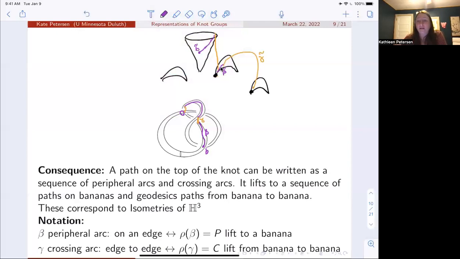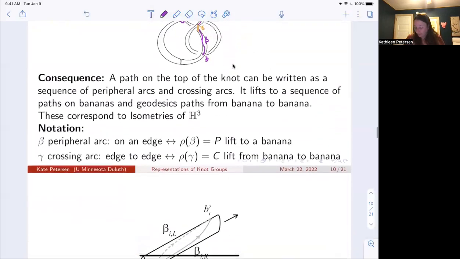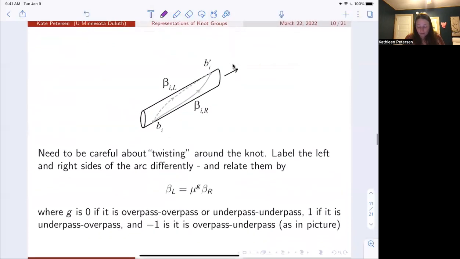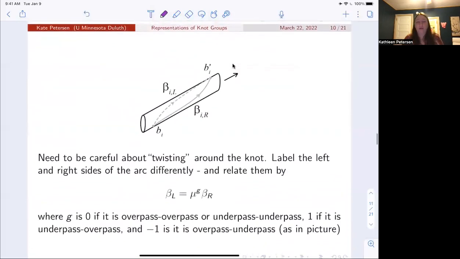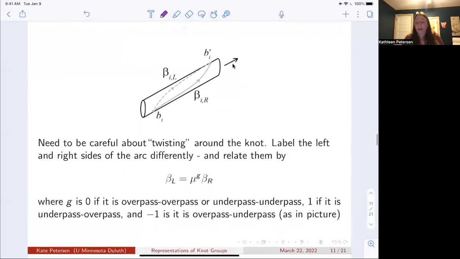So even though abstractly we know how to decompose our path, it really depends on exactly where these bananas live in H3. Okay, so we're going to get back to that and show that we can figure all that out in a very organized way.